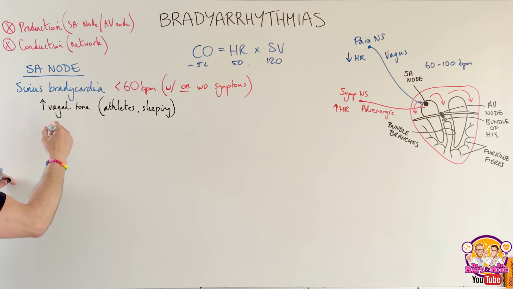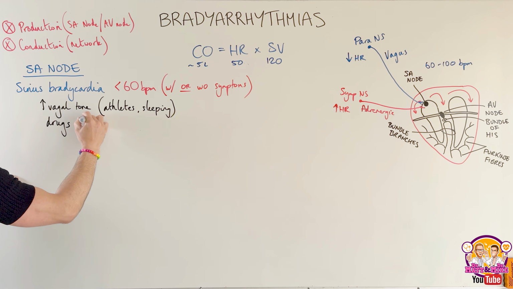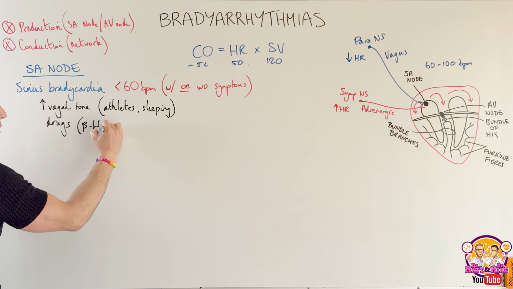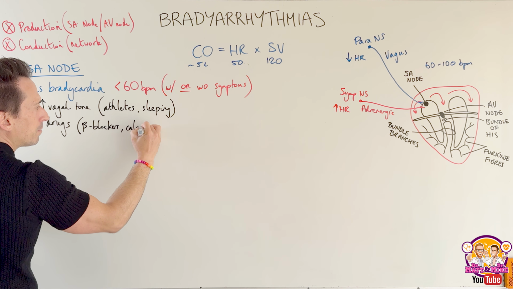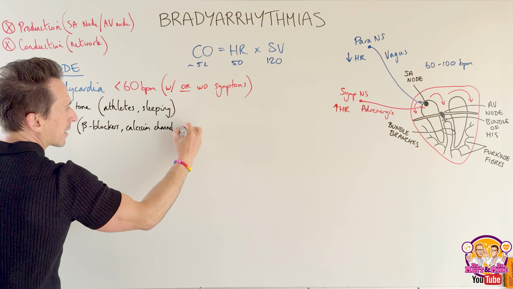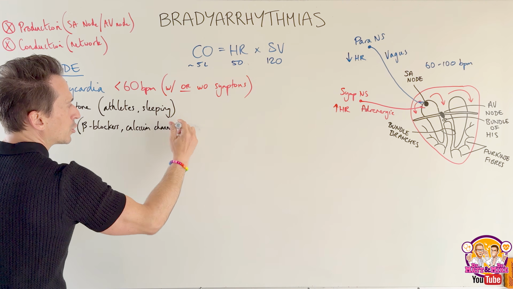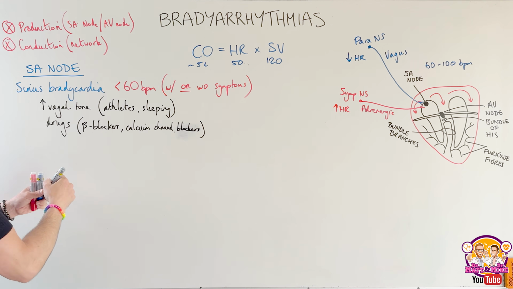It can happen due to drugs, for example. And these drugs might be things such as beta blockers or some types of calcium channel antagonists or blockers, calcium channel blockers, right? So let's think about this.